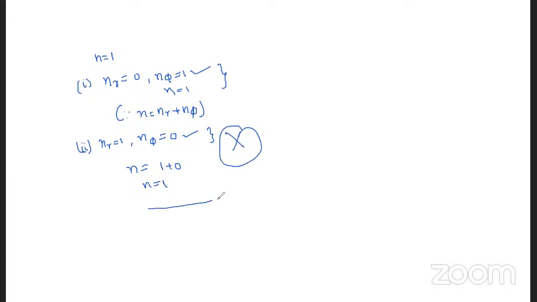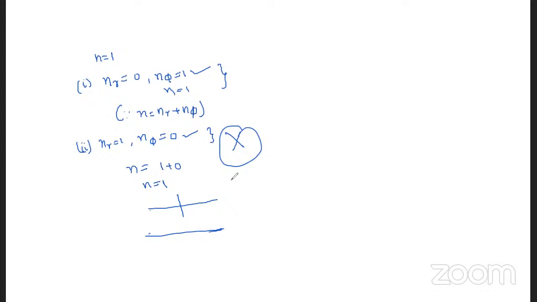It will be a straight line, because n phi is equal to 0: only the semi-major axis exists, and the semi-minor axis does not exist. So simply a straight line is obtained, in which the electron has to move from here to here and back. That is why the second condition is not possible.